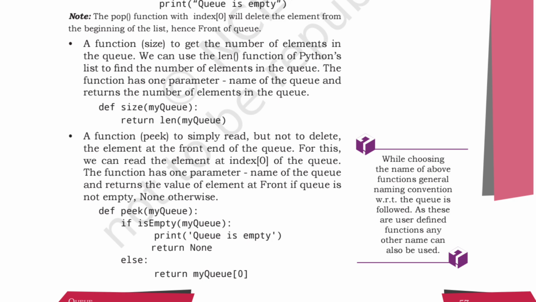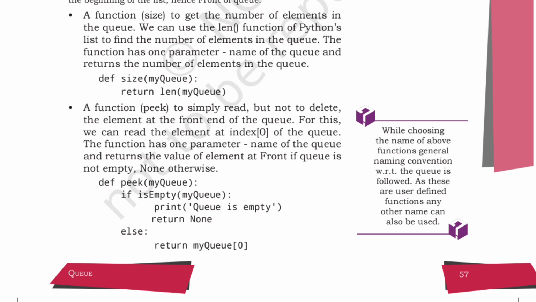Over here we have one more example, a function pick, which simply reads but does not delete the element at the front end of the queue. So def pick myQueue, if isEmpty myQueue, print queue is empty, return None, else return myQueue[0]. Pick means we read something but do not delete the element at the front end of the queue.